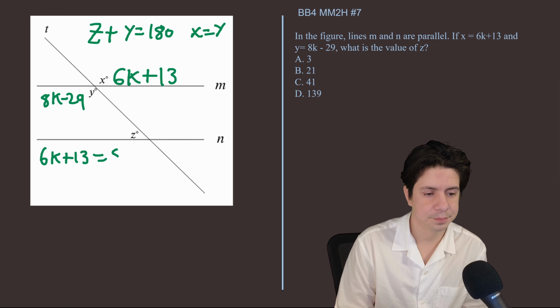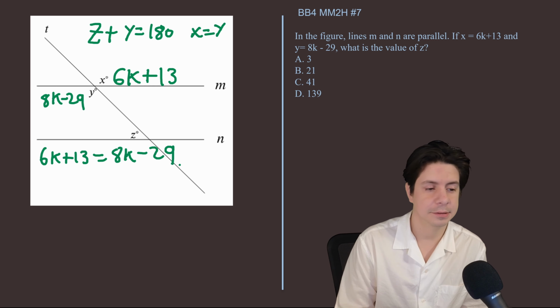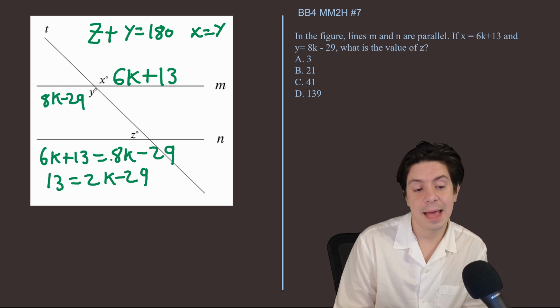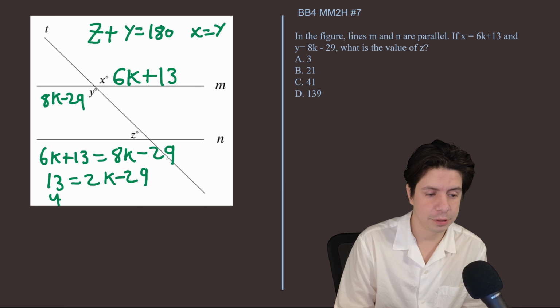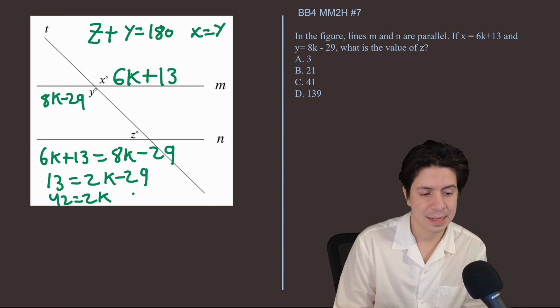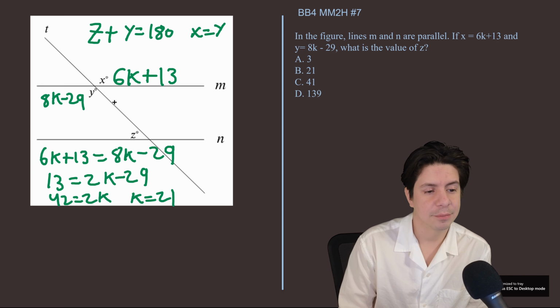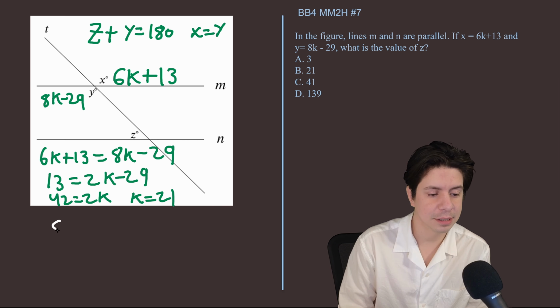Subtract 6k, we're going to get 13 equals 2k minus 29. Add 29 to both sides, you get 42 equals 2k. k equals 21.